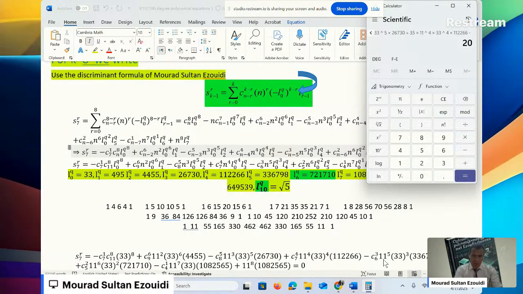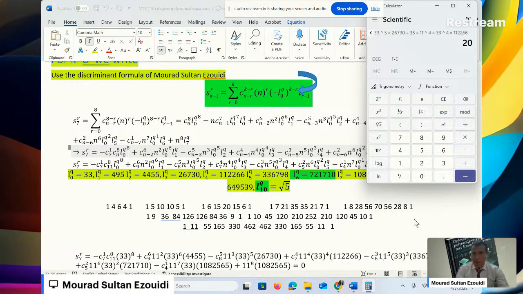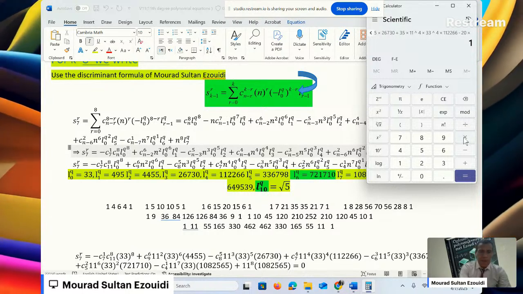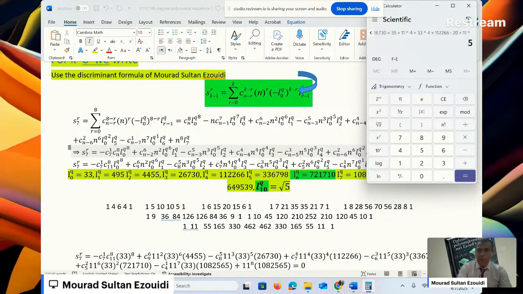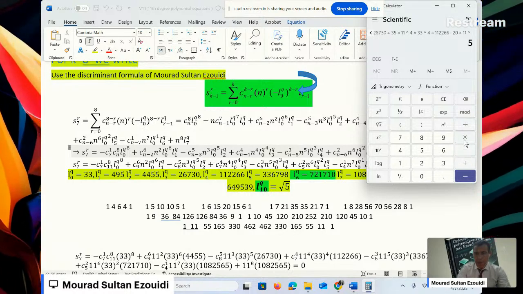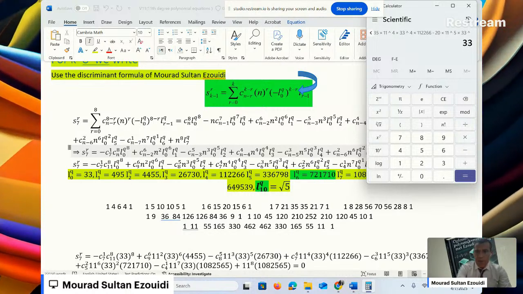Okay, 11 squared, 11 cubed, 11 to the 4, 11 to the power 5 means multiply by 11 raised to the power 5, times 33 cubed.